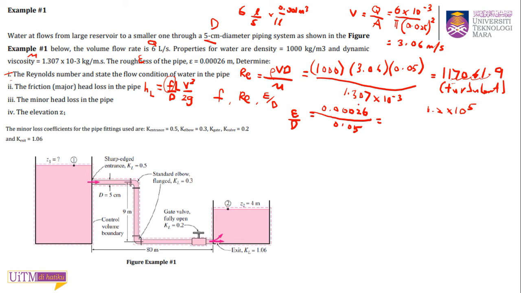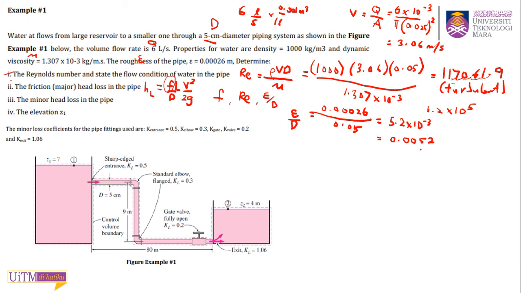So it will be 5.2 times 10 to the power of minus 3, or if you want to refer to the Moody chart, 0.0052. So this is your relative roughness, 0.0052.